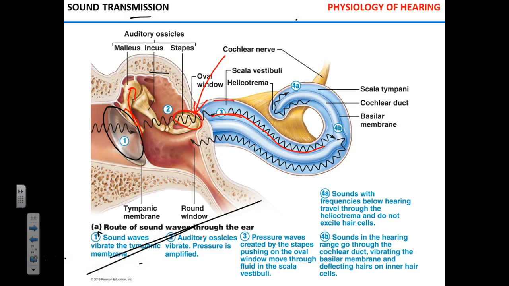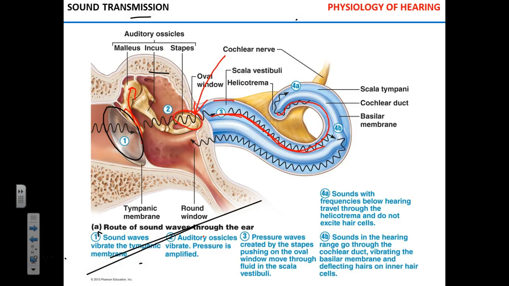The pathways are going to be different for the two cases. If vibrations cannot be heard because they are out of the hearing range, here's what's going to happen. Look at this. The sound will go all the way to helicotrema through the scala vestibuli. Remember what I told you, scala vestibuli and scala tympani are continuous.